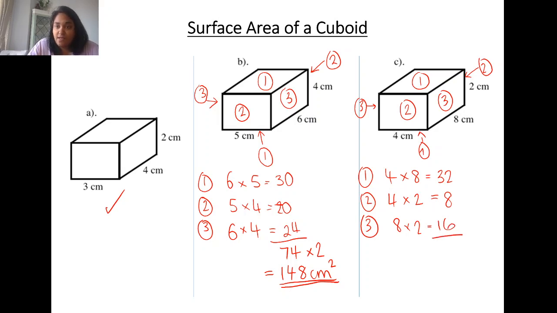When I add those up, I'm going to get 2 plus 8 is 10, actually that is 40, 50, 56. Then I must remember to multiply by 2, that gives me 112 centimetres squared. Okay, I hope that made sense.